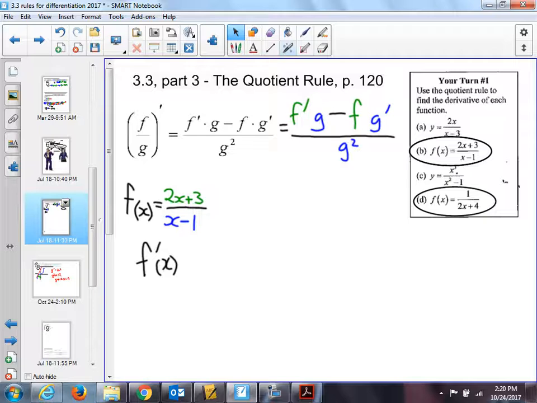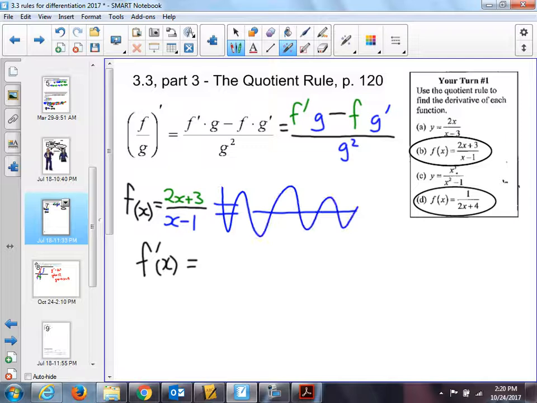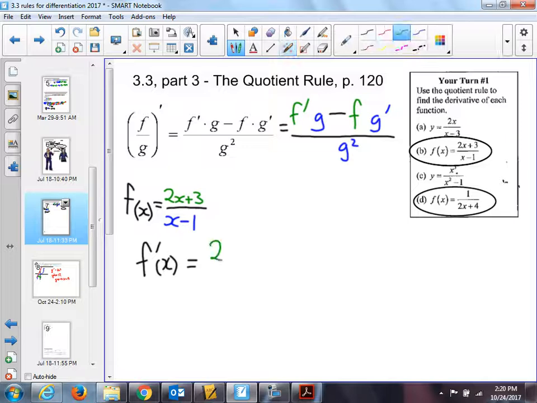is equal to. Quick question. Would it be okay if I just put this here and did the derivative over here? No. Good. Okay. Can't do that. Okay. Back to this. Derivative of the numerator, 2x plus 3, the derivative is 2. x minus 1, as is.